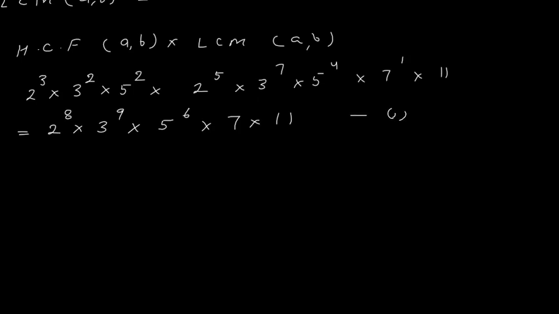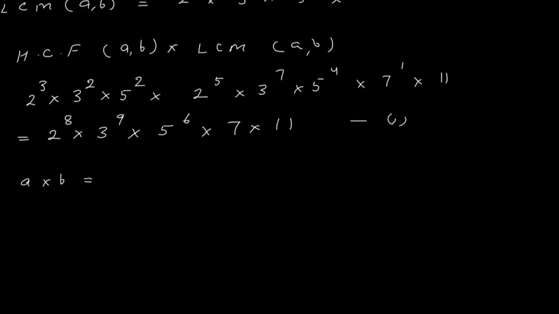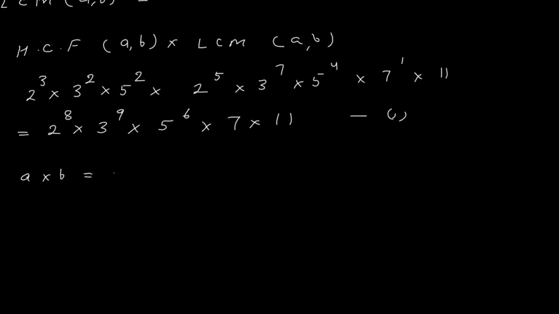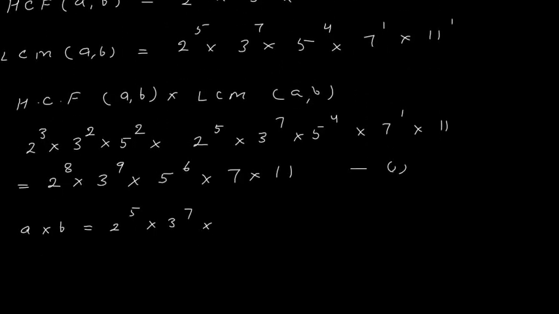Now let us multiply A and B. So the value of A is 2 power 5 into 3 power 7 into 5 power 2 into 7.